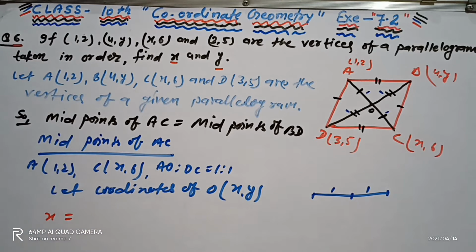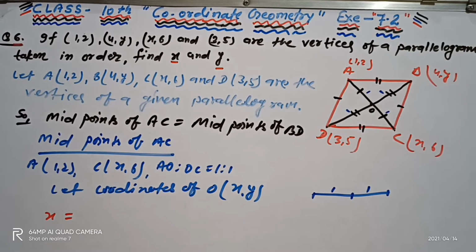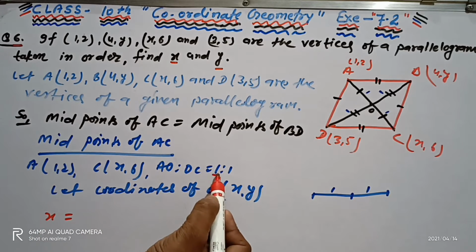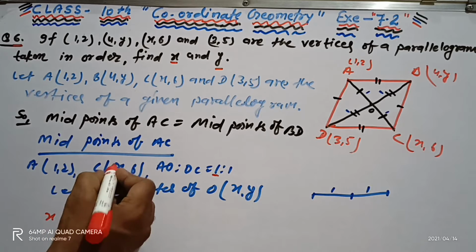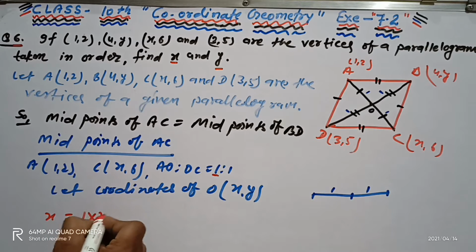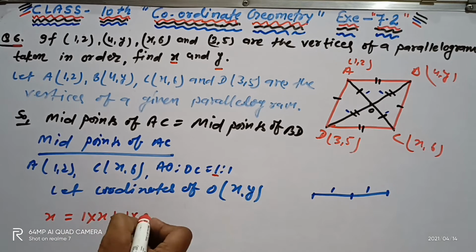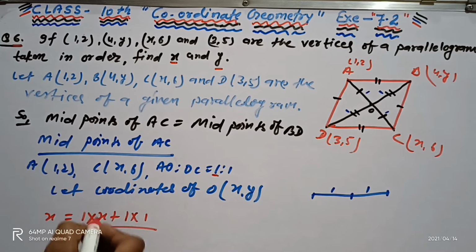X will be, by the section formula, as you know very well, which I have mentioned in the description link, you must see how to find the section formula. The x value comes as (m1 x2 + m2 x1) divided by (m1 + m2). Here m1 is 1, so 1 into x2, which is x, plus m2 x1, where m2 is 1 and x1 is 1, divided by m1 plus m2, which is 1 plus 1.